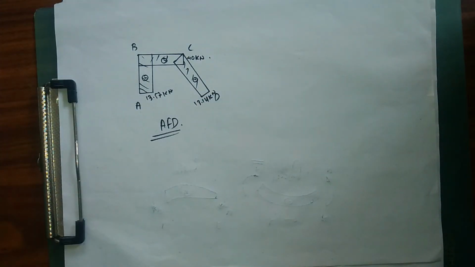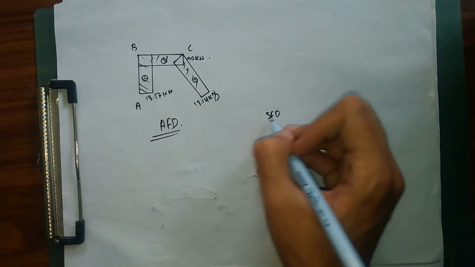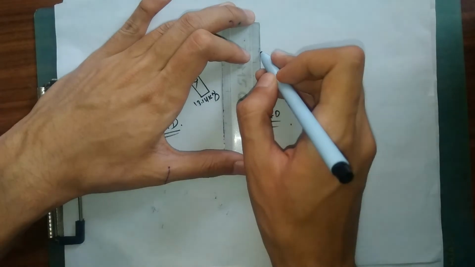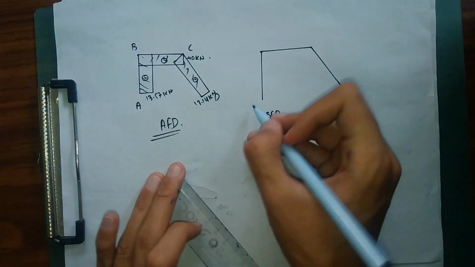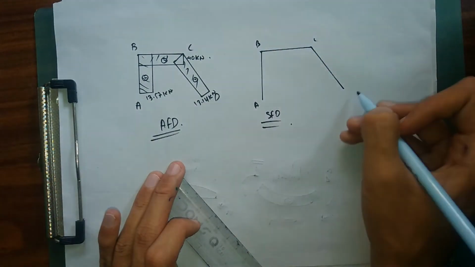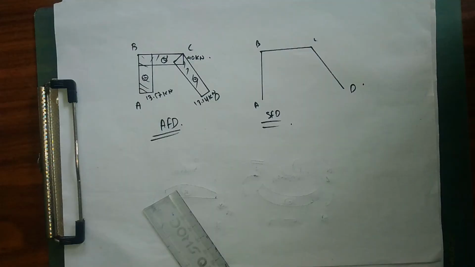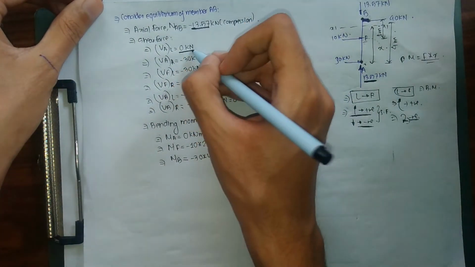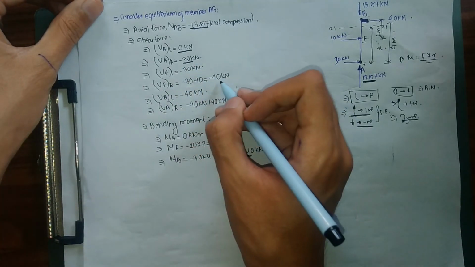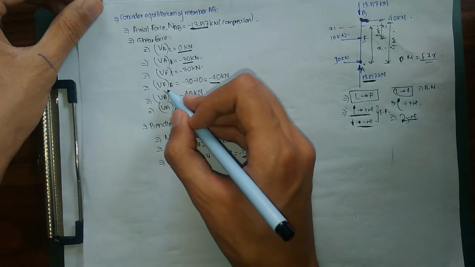Now we're going to draw the shear force diagram. Again we're going to draw our member AB, member BC, and member CD. A, B, C, D. Now we'll be drawing our shear force diagram. What I found was, shear force at A was 0, then it was minus 30, and it was minus 40 at F point.